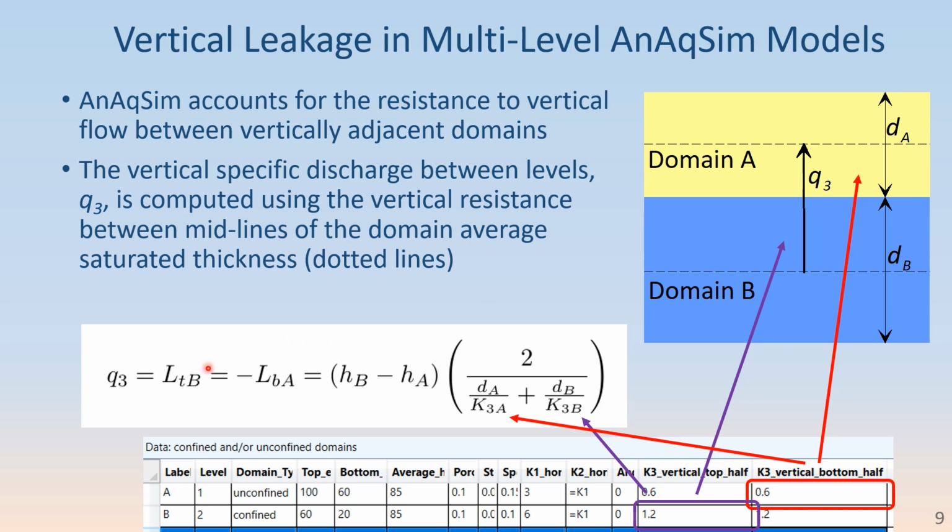And we end up with this equation where the vertical specific discharge is a function of the thicknesses d sub A, d sub B, and of the vertical conductivities K3 in the upper half of B and K3 in the lower half of A. And these are inputs in Anaqsim.